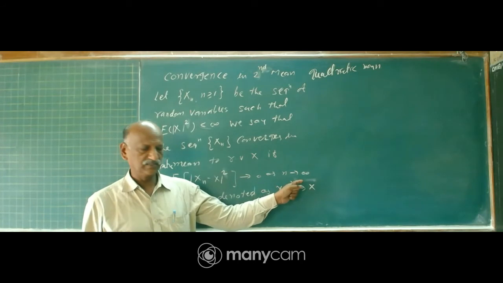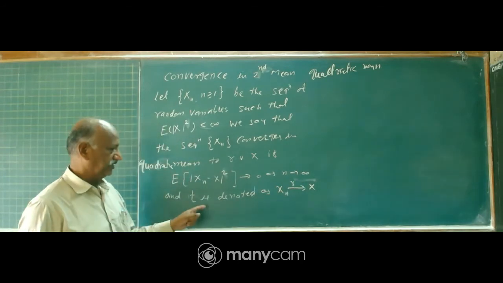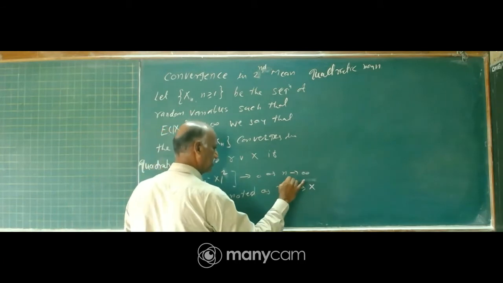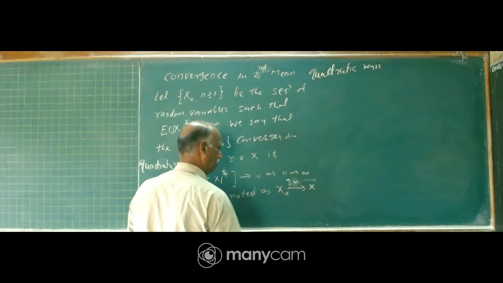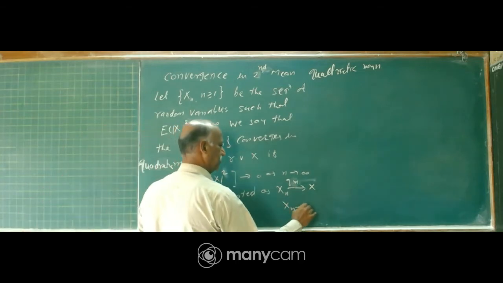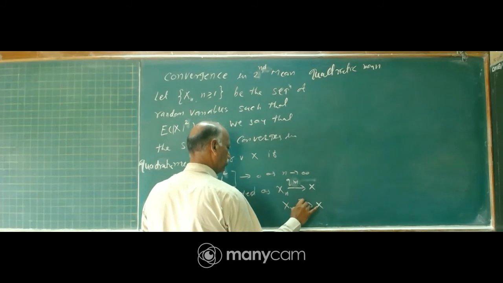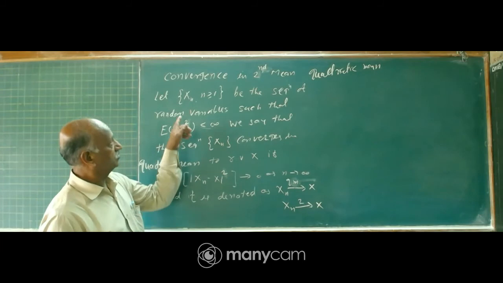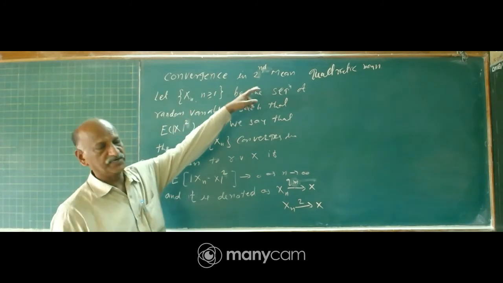It is denoted as Xn converges to X in quadratic mean, or sometimes Xn converges to X in 2, where we put the value of r as 2.